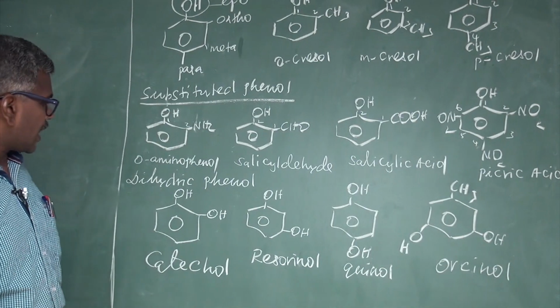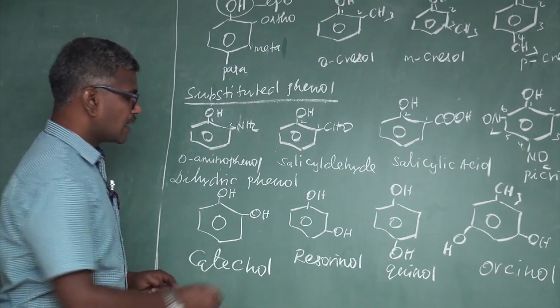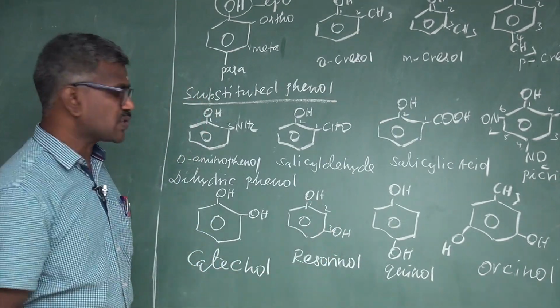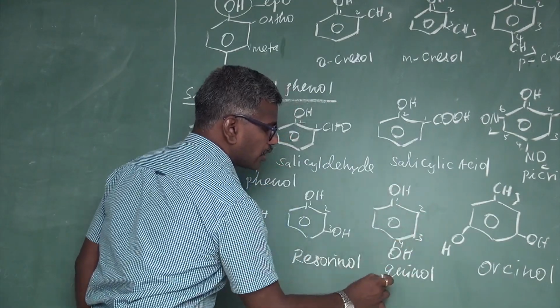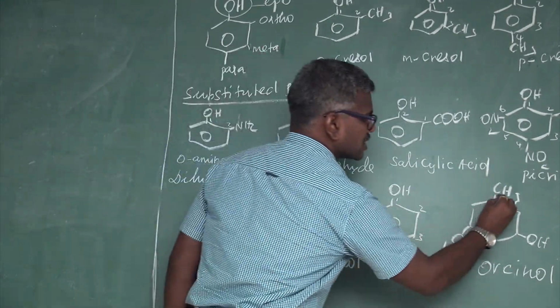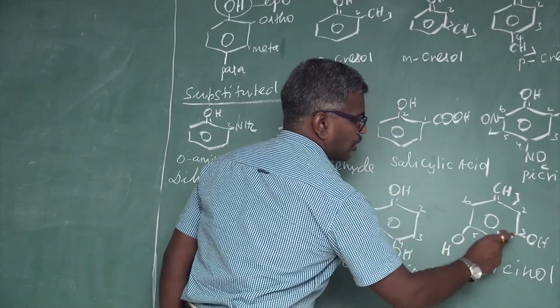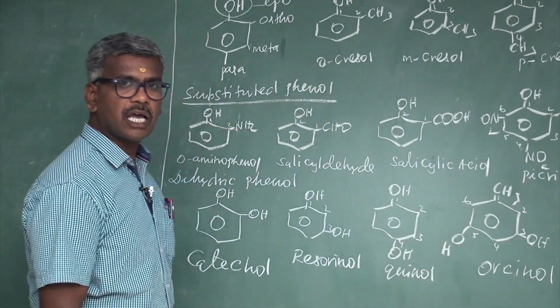What about the IUPAC names? 1,2-dihydroxybenzene. Here 1,3-dihydroxybenzene. This one is 1,4-dihydroxybenzene. This one is 3,5-dihydroxytoluene.